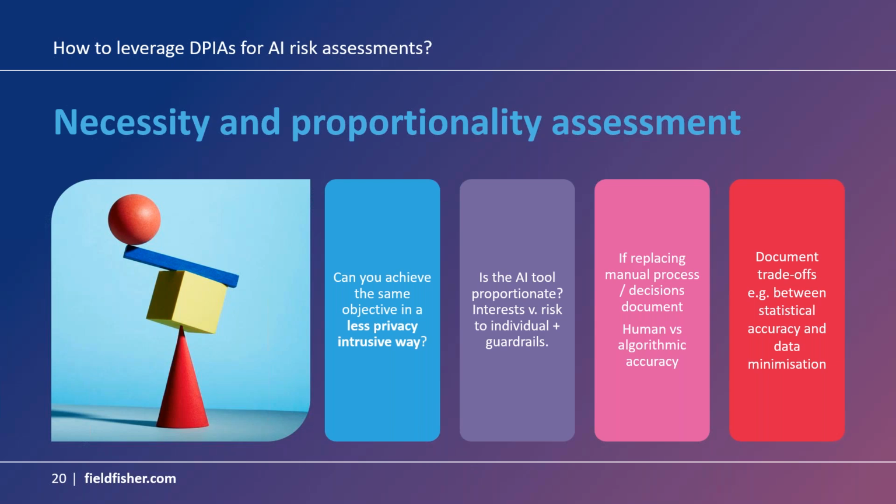And in the last column, you have to document the trade-offs. You have to balance and weigh them, between statistical accuracy and data minimization if this is needed. Next slide, please.